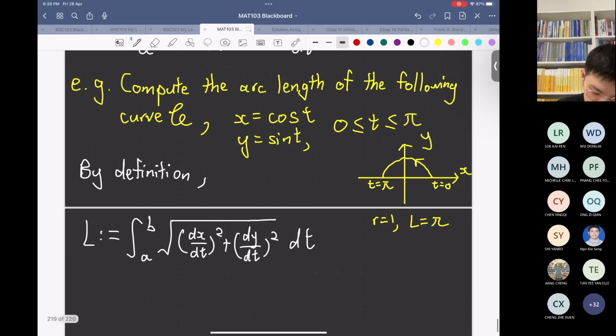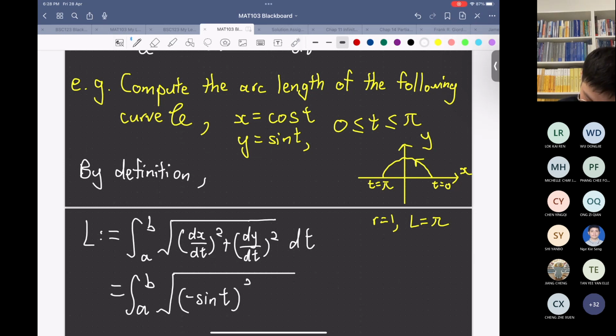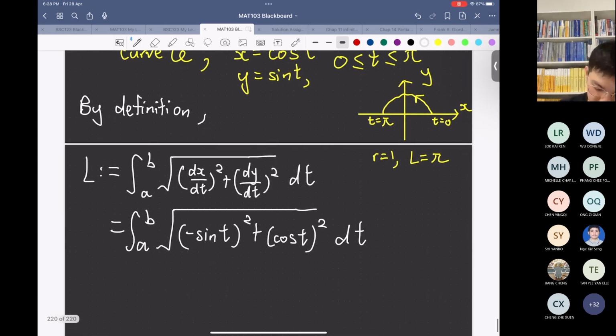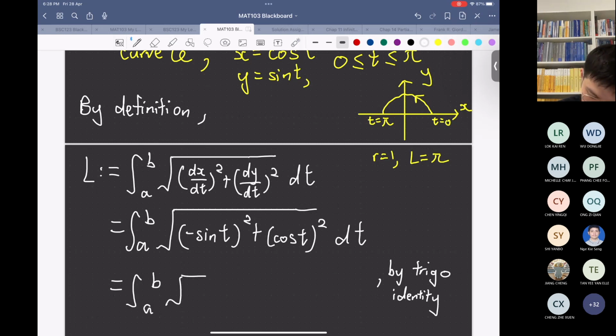Okay, so I think dx over dt is just minus sine t squared plus cos t squared dt. Okay, so I think by this trigo identity, cos square plus sine square equals to 1. And dt, we will get square root 1 dt.